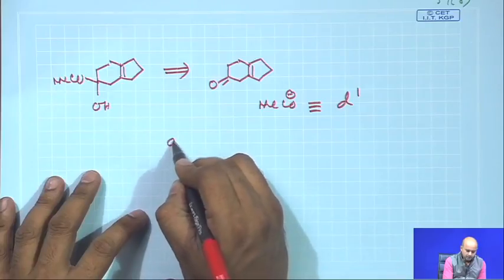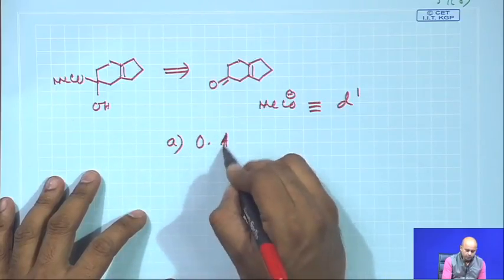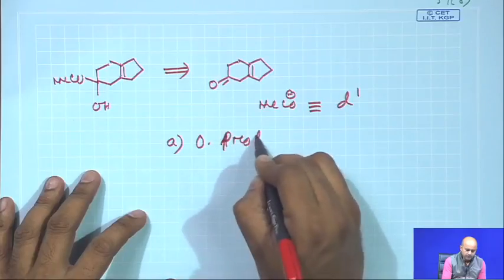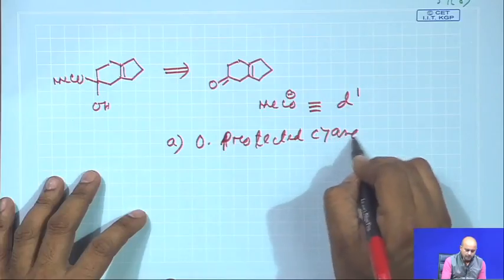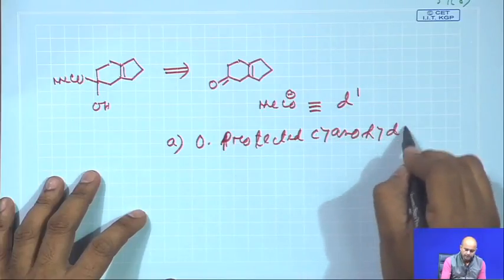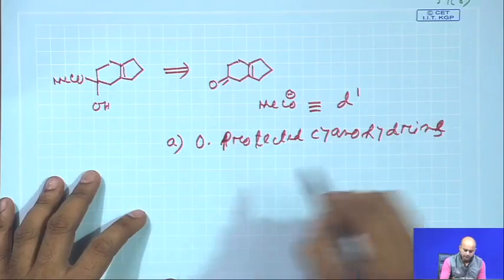You can also synthesize it through O protected cyanohydrin, the chemistry which was first discovered by Professor Gilbert Stork. Go back to your earlier lecture on O protected cyanohydrins.